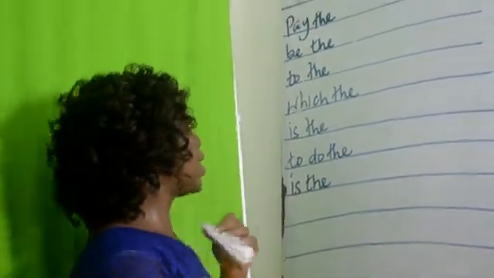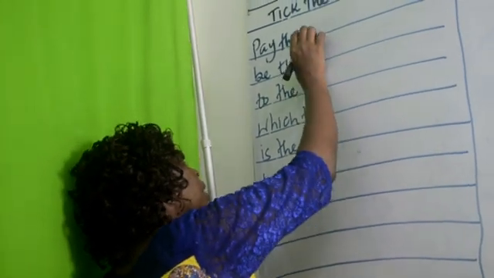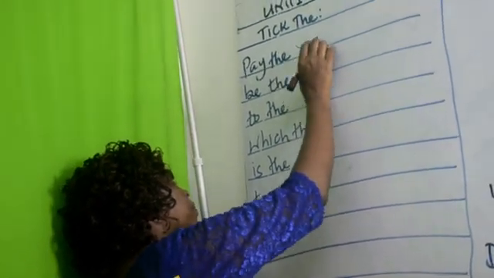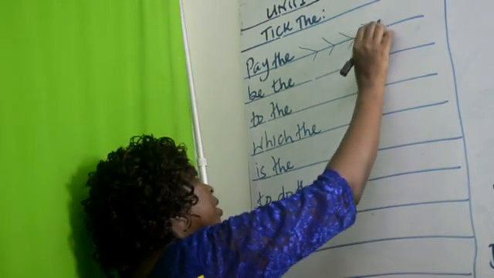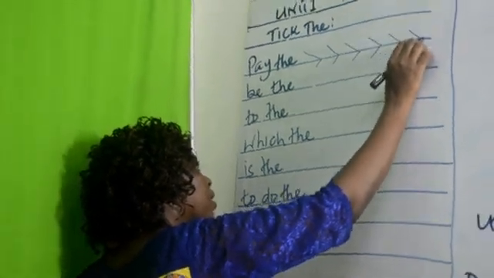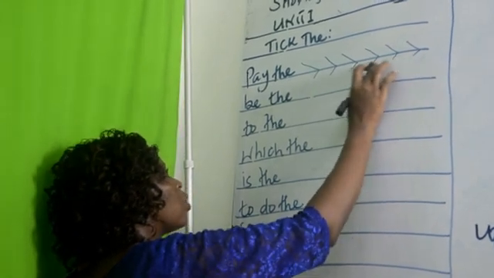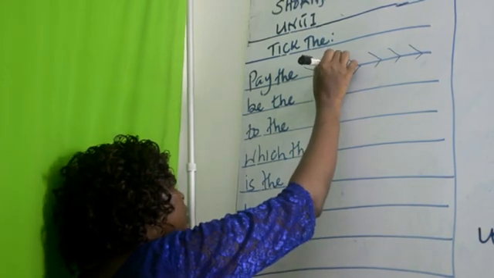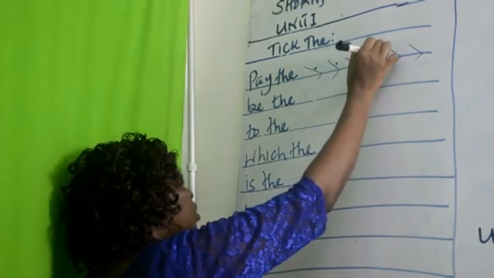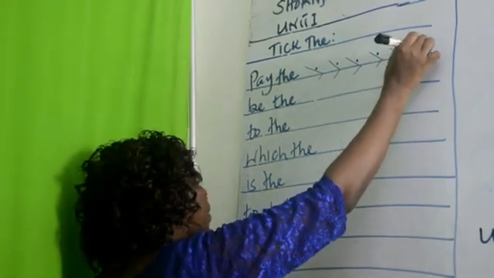So we have the word pay the, drilled with the stroke of P on the line and then the tikida. Then you indicate the vowel for the word pay.